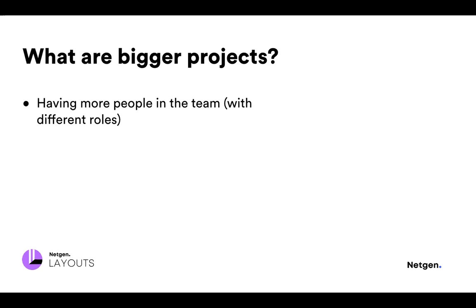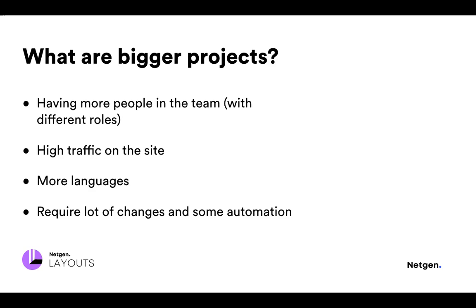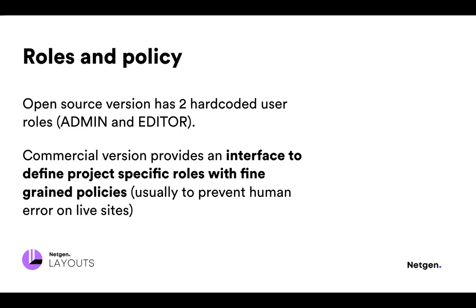The answers would be projects that have more people, more different roles, projects with high traffic, maybe projects with more languages on the site, and projects that require a lot of changes, maintenance, and maybe even some automation. So these are the answers.